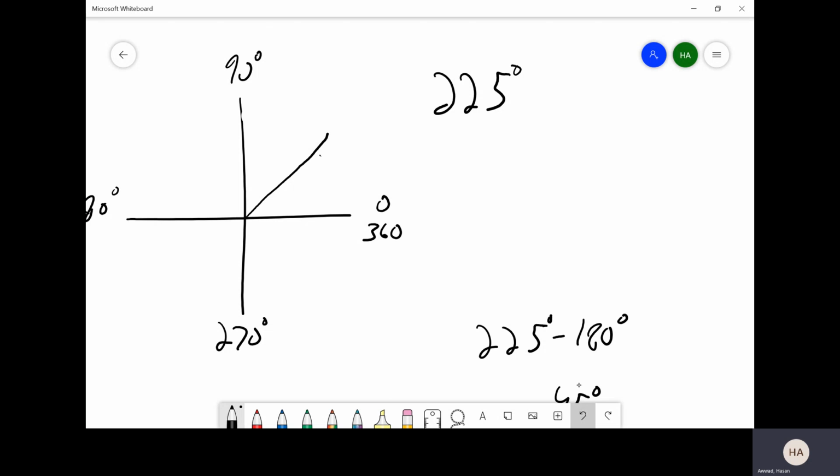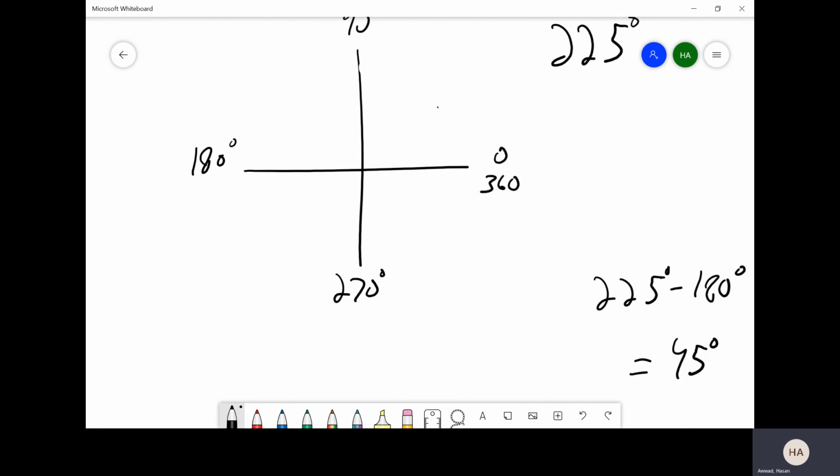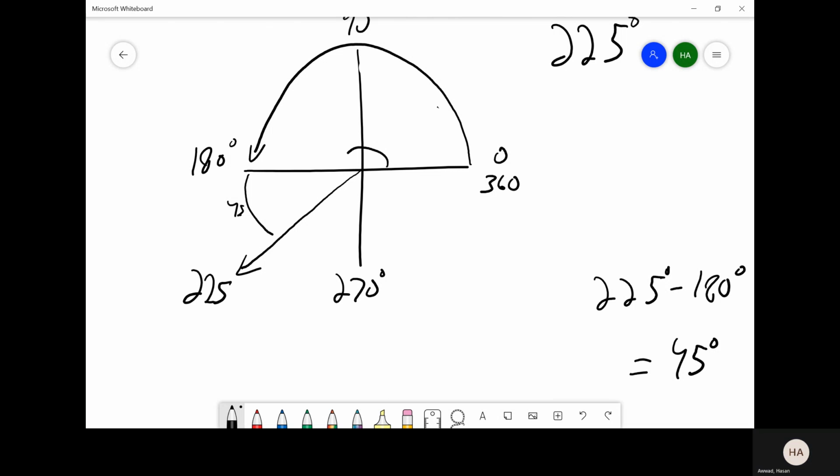But it's not 45 degrees, it's 225, right? It's 180 and then an additional 45 degrees. So we went all the way to 180 and then we went 45 more degrees. And so we split this quadrant in half. And now we see, oh yeah, the entire angle this makes is 225 degrees.